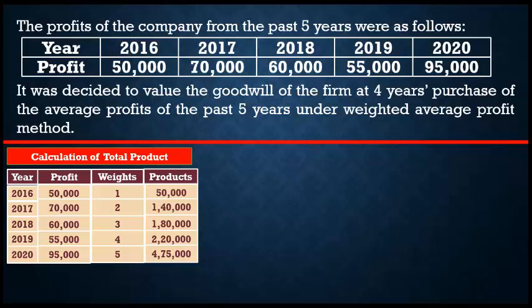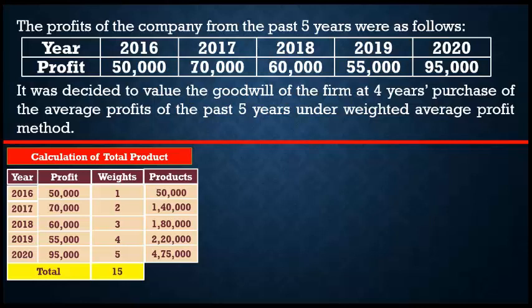Okay, now you have to calculate the total weights: 1 plus 2 plus 3 plus 4 plus 5. Total weights 15.